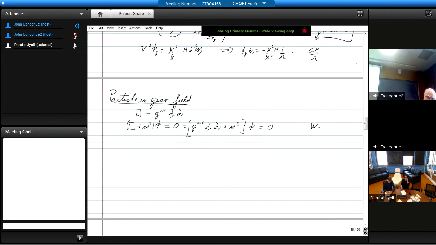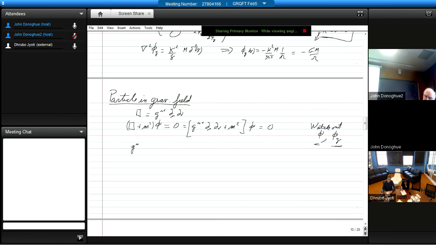We have to watch out. There's phi and there's phi g, which I just defined. I'm sorry, but those are both conventions. So phi g is the gravitational potential. Phi is the particle.